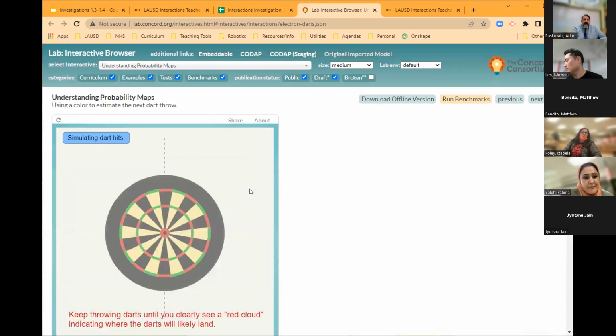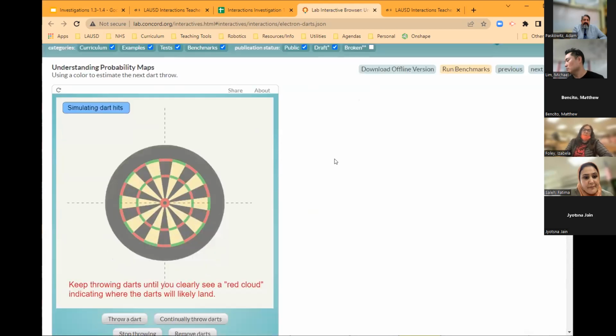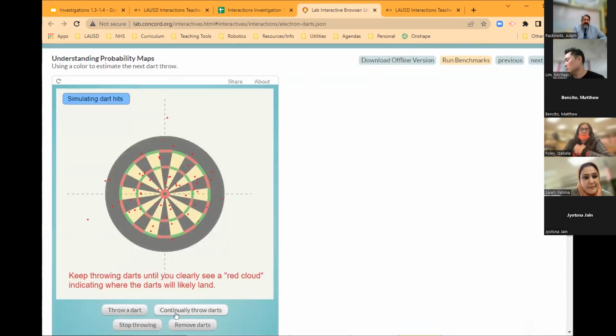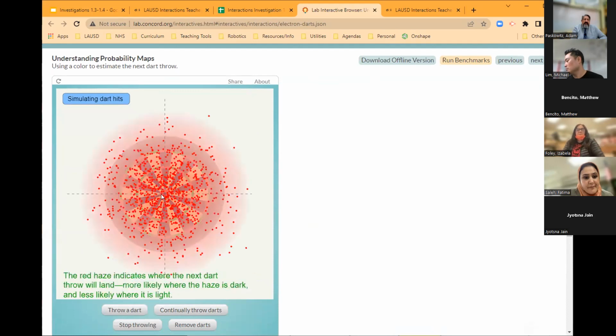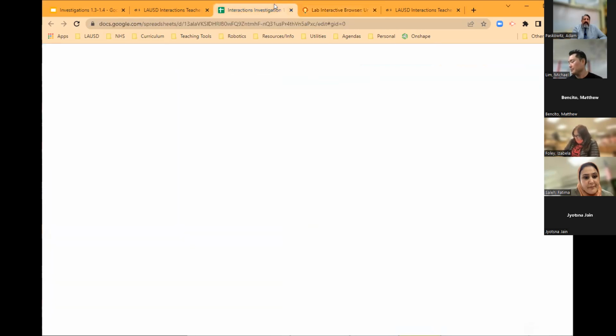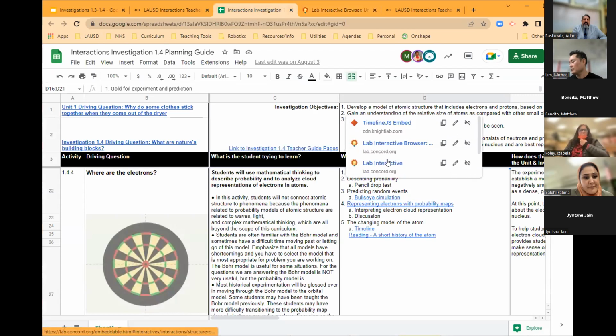We don't draw electrons because they use this dartboard simulation. So they throw a bunch of darts and they see where the darts would land, and we see that there is a darker area near the middle, a lighter area on the outside, and so this represents a probability map, and that's what we use to draw atoms now.